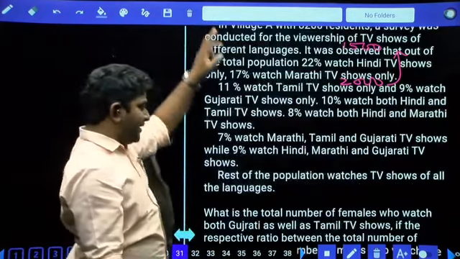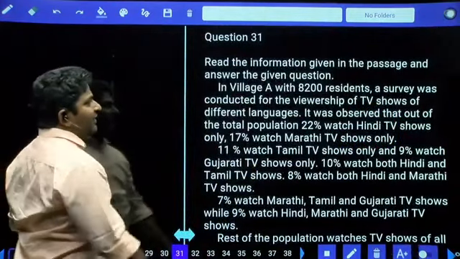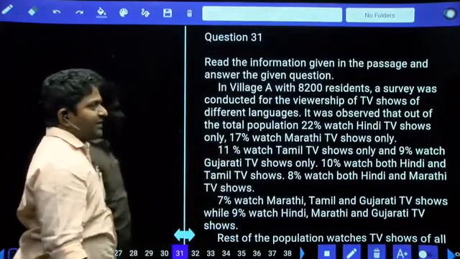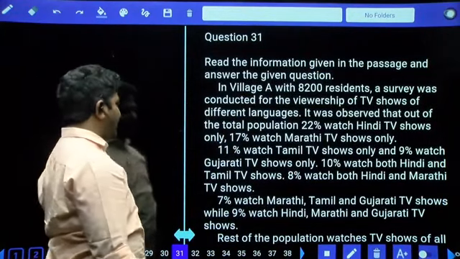Now let's start caselet. If you observe this, in village A, 8,200 residents, a survey was conducted for viewership of TV shows of different languages.